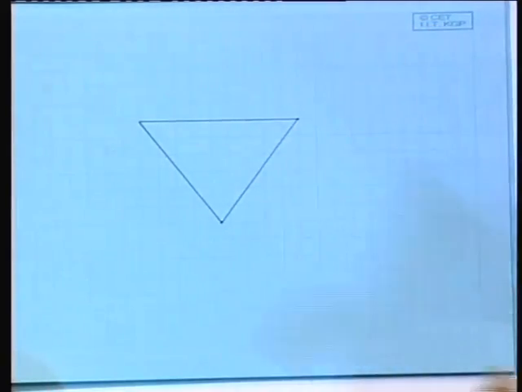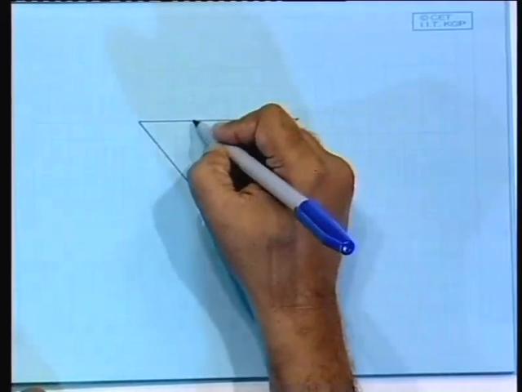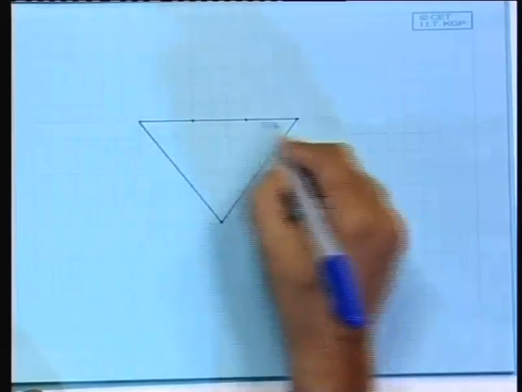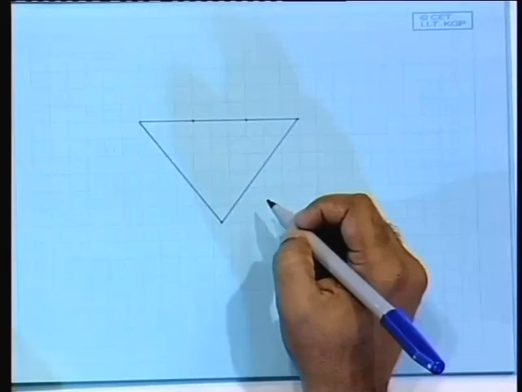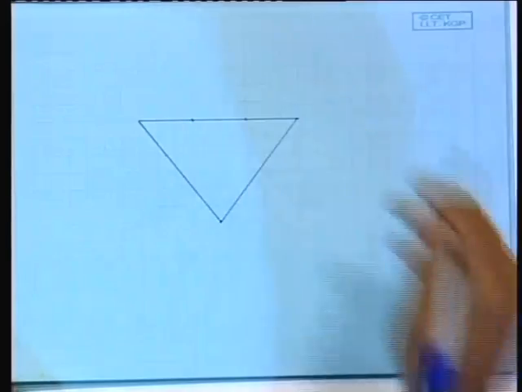Now, in the next step, we do not subtract something from it, rather we add something to it. So, what we do is we divide each side into three parts and add a triangle to it.